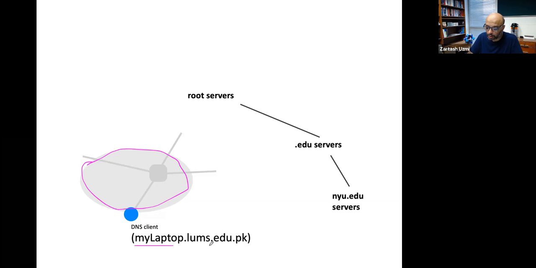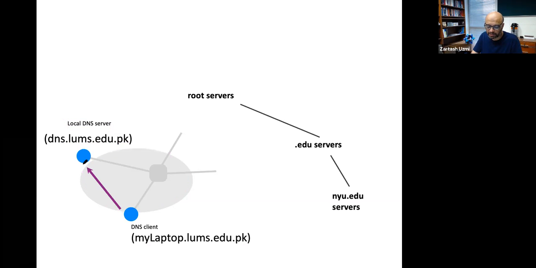So my laptop.lums.edu.pk, in the browser, when I type that in the address bar, that DNS client included within my browser's code will ask the local DNS server. ये local DNS server उसको पता कैसे चलेगा कि local DNS server है? नेटवर्क कॉन्फ़िगरेशन से पता चल जाएगा, which is dns.lums.edu.pk. उससे पूछेगा कि भाई please translate, make the translation for me, www.nyu.edu or pink.nyu.edu. Please can you do this translation for me?